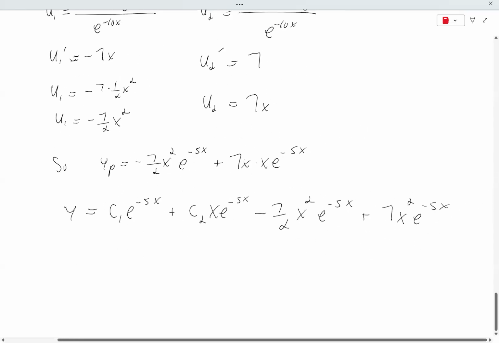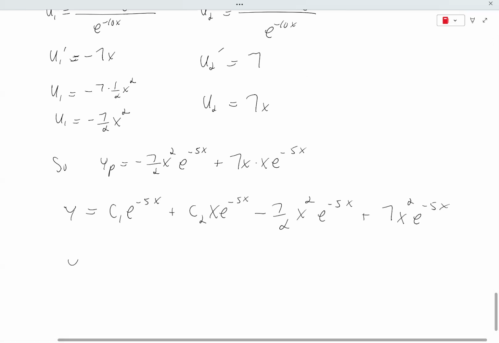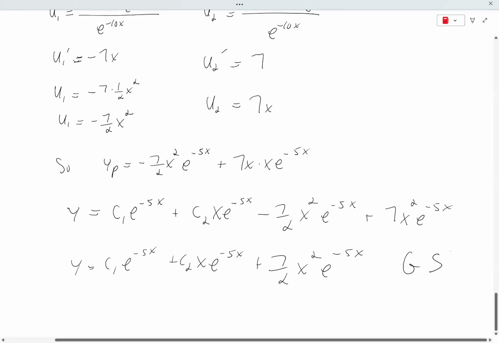Okay, and actually then you can put these together if you wanted to, right? Because these could go together here. And so you get y equals c1 e to the negative 5x plus c sub 2 x e to the negative 5x, and then plus positive 7 halves x squared e to the negative 5x. That'd be the general solution then.